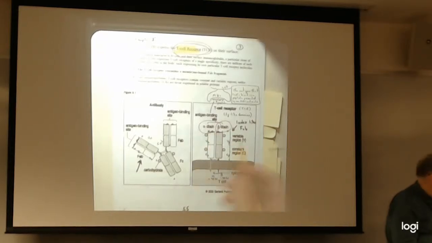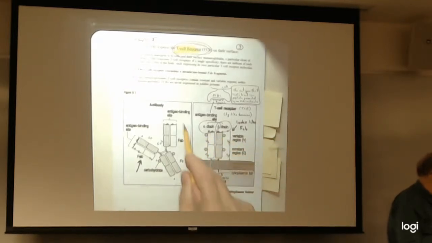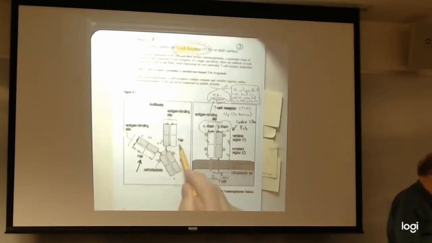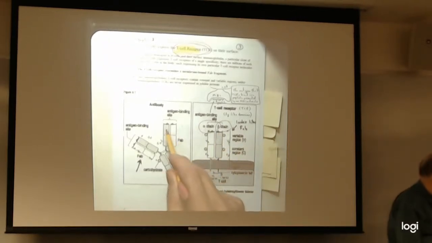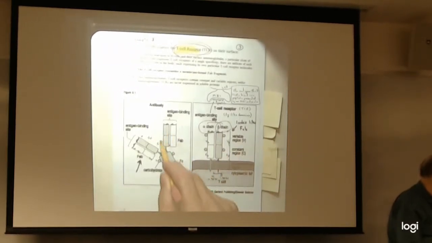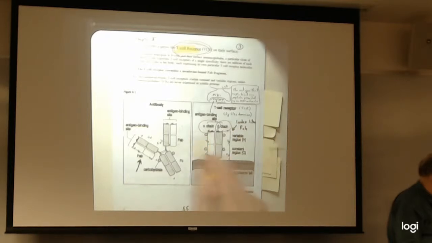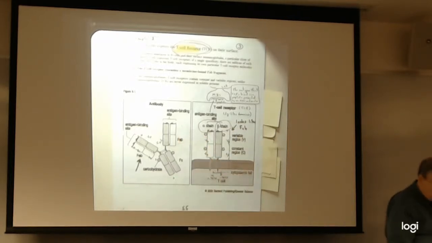So we began by pointing out the evolutionary relationship, as we were just talking about this afternoon, between the T cell receptor and one of the arms of an antibody molecule, right? The beta chain resembles part of the heavy chain, and the alpha chain resembles the so-called light chain.